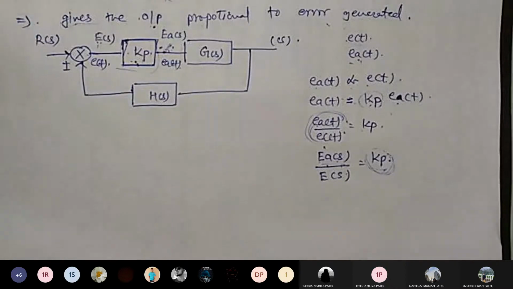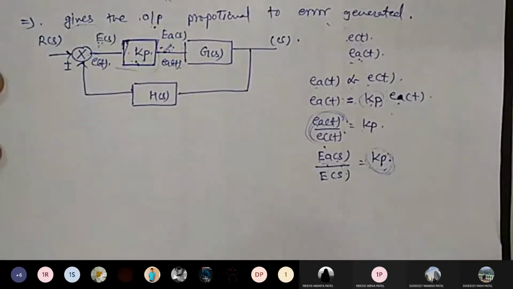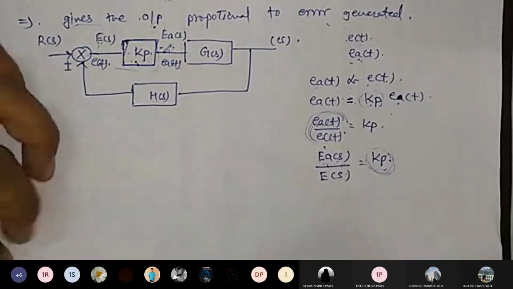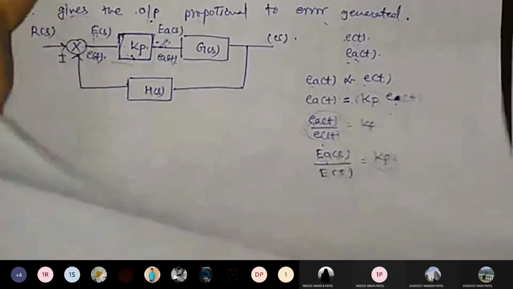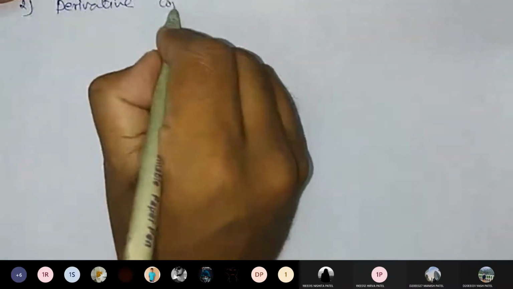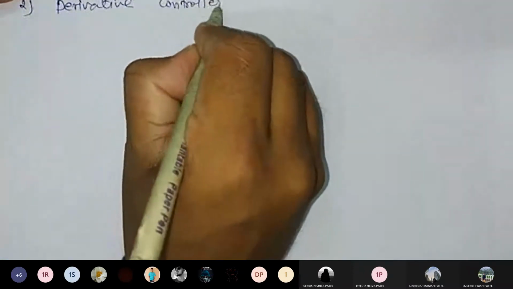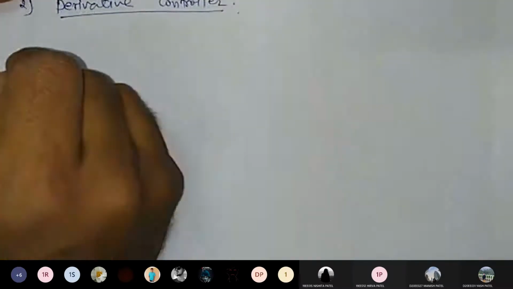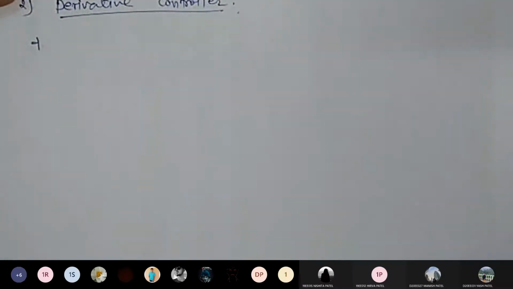Okay, done. Now I will take the second controller. The second controller is nothing but the derivative controller. What does the derivative controller do?